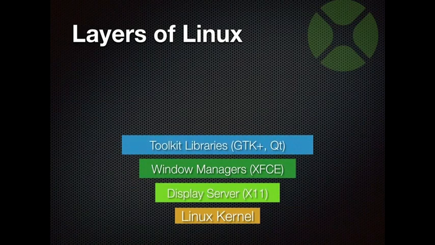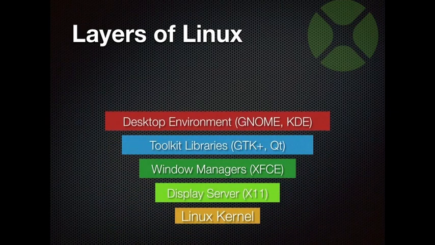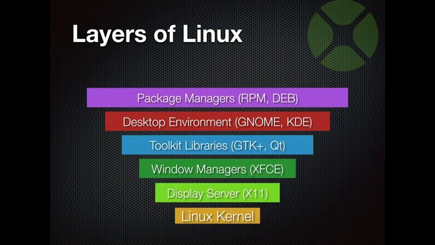And built on top of that, you have your GUI toolkits. The two most popular ones you might be familiar with are GTK and Qt. And on top of that, we have the desktop environment. Most distros run either GNOME or KDE. And what really differentiates a Linux distro is what package manager it uses.